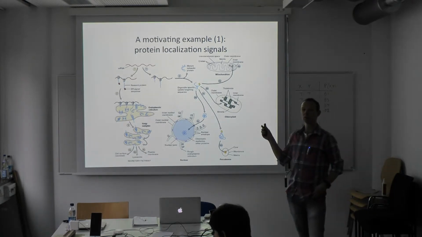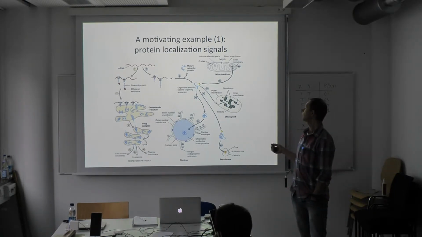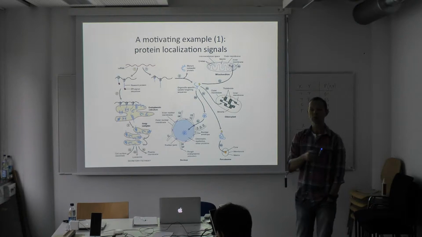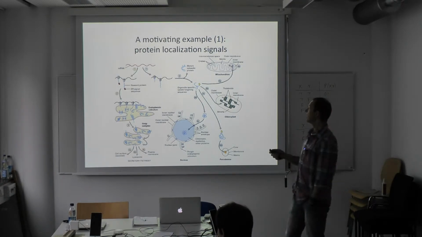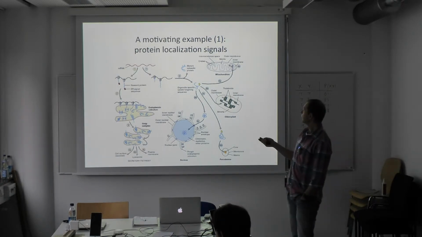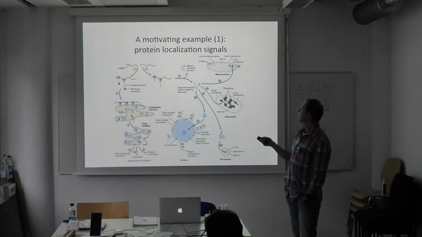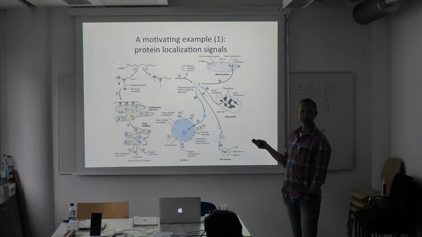And I don't think I need to dwell on protein localization signals. I think you've heard quite a bit about them previously in this course and other courses. But I'll just use two examples here. So this is a schematic which illustrates a number of different pathways.